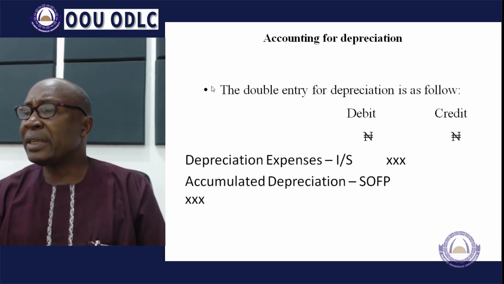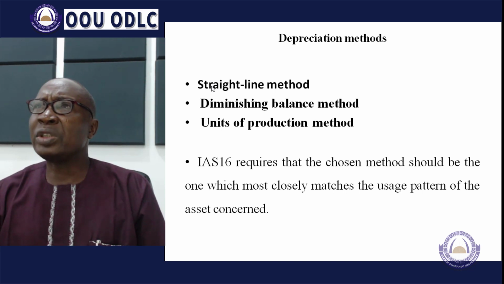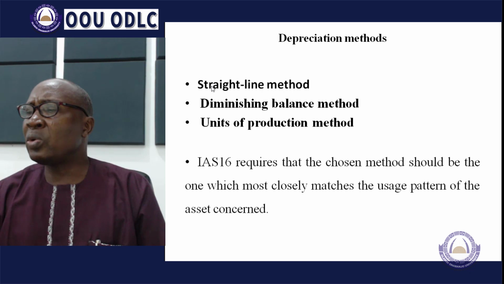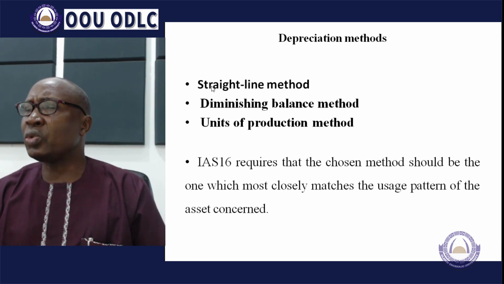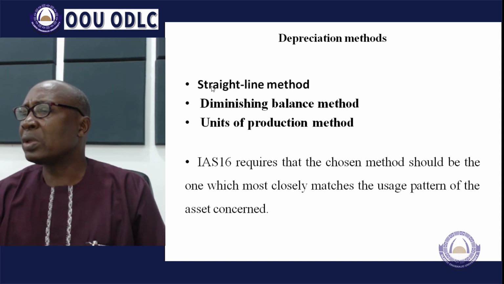The first item is to disclose the measurement basis that is used, whether we are using historical cost or we are using the revaluation model. 2, we are to disclose the depreciation method used. 3, we are to disclose the useful life or depreciation rate that is used. 4, the gross carrying amount and accumulated depreciation at the beginning and end of the period.